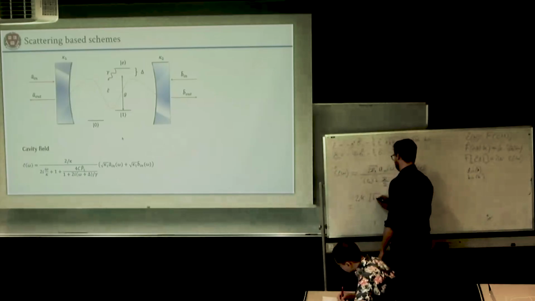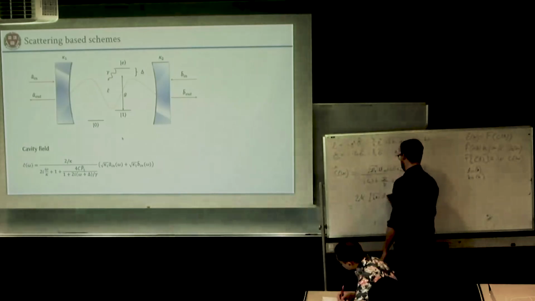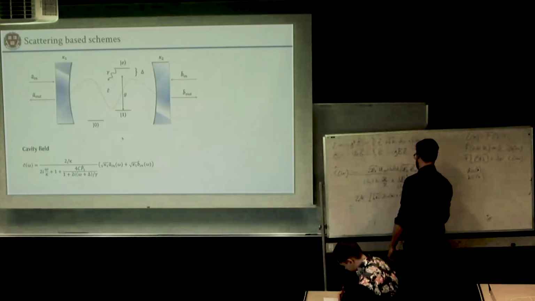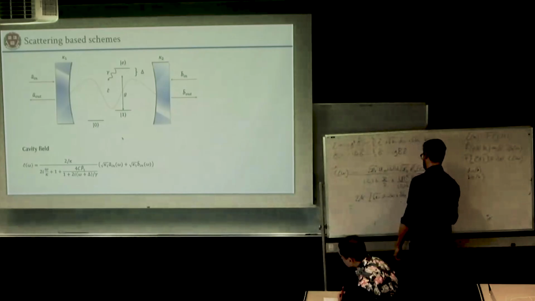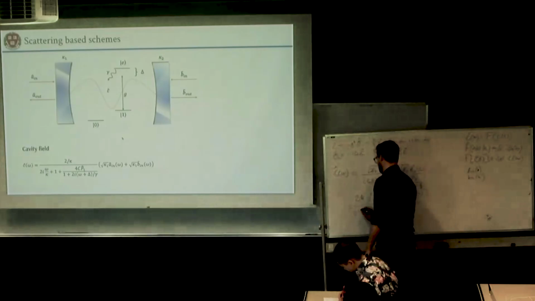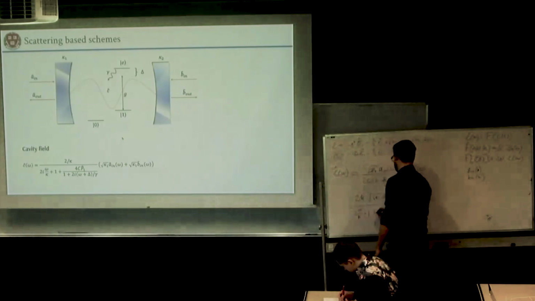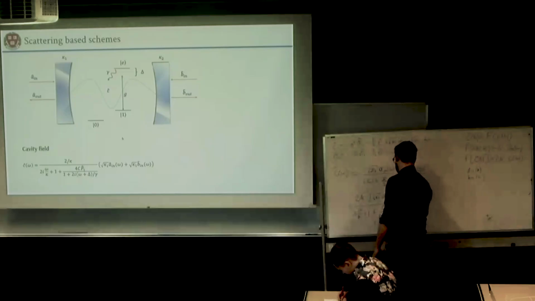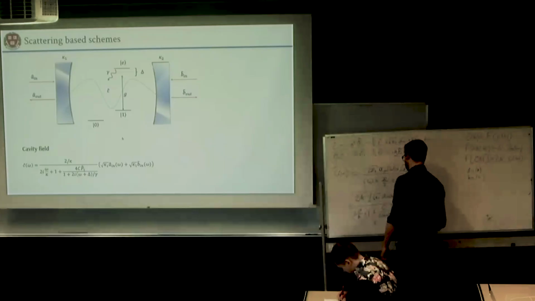Times kappa 1 in, kappa 2 E in, and I'll now have 2i omega over kappa plus 1 plus, I'm going to write this, C P1 over 2i omega plus delta plus 1.